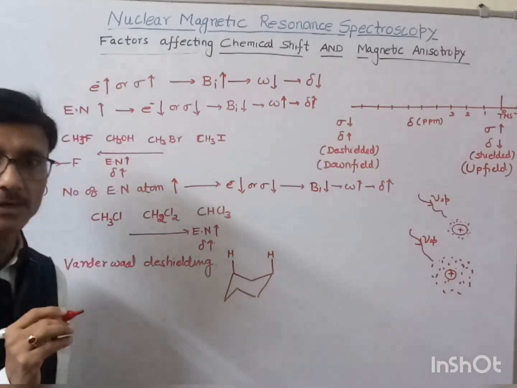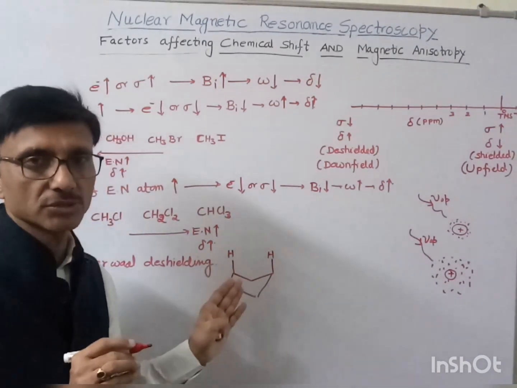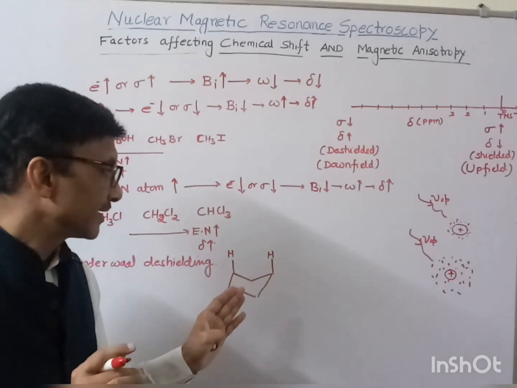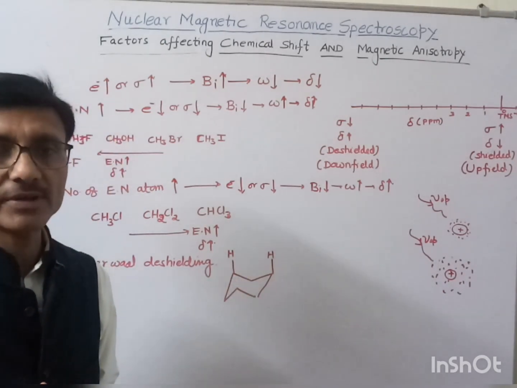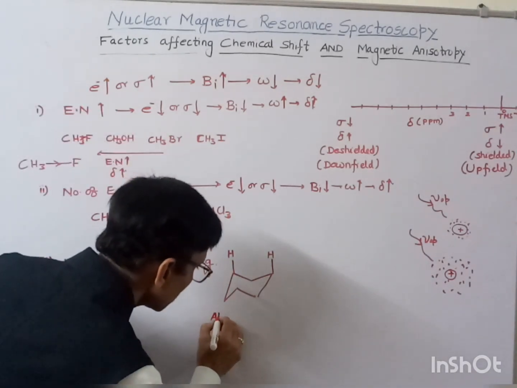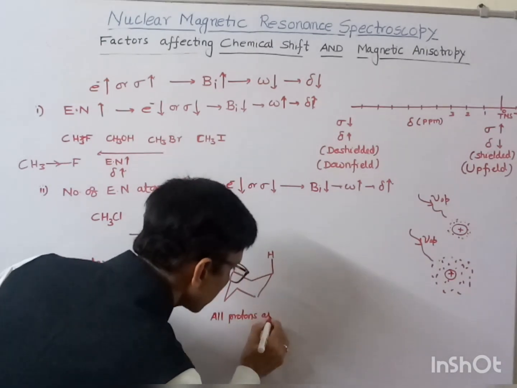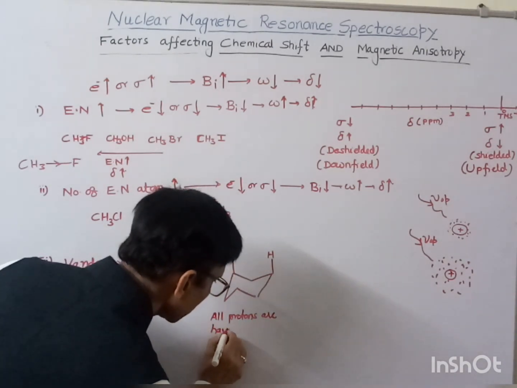So this is simple cyclohexane, and here all hydrogens, all protons, will resonate at the same frequency. They will have the same delta value. So all protons are having the same delta value.